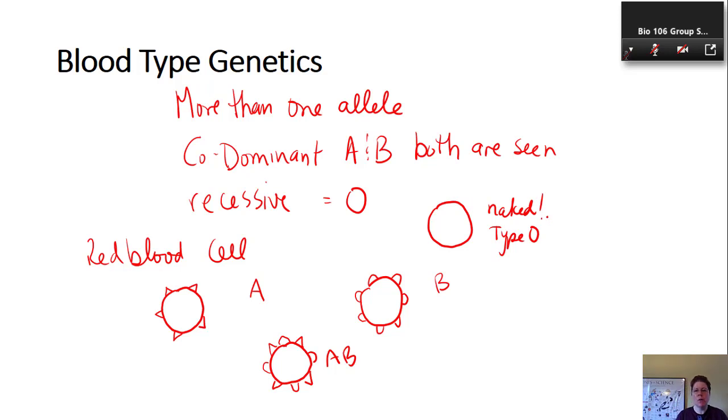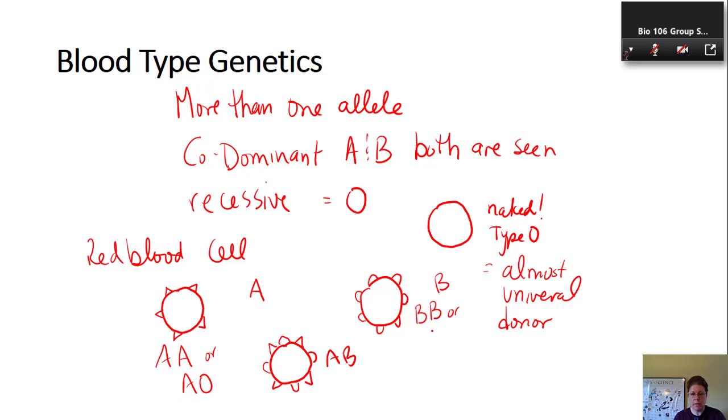We think about type O as often almost a universal donor. So basically, if we were to look at the genetics of this, if you're type A blood, you're either big A, big A, or big A, O. If you're type B, you're big B, big B, or big B, O, which is, you never want to be BO.